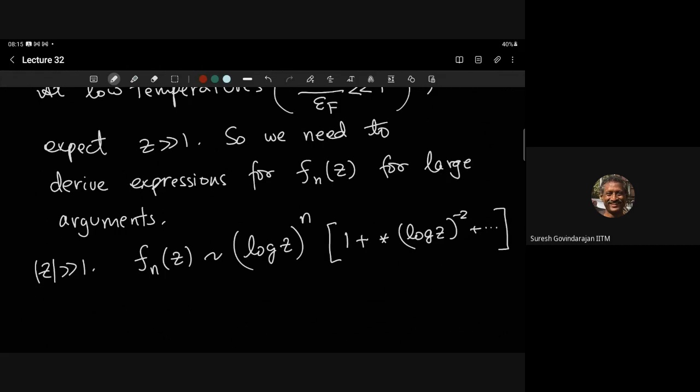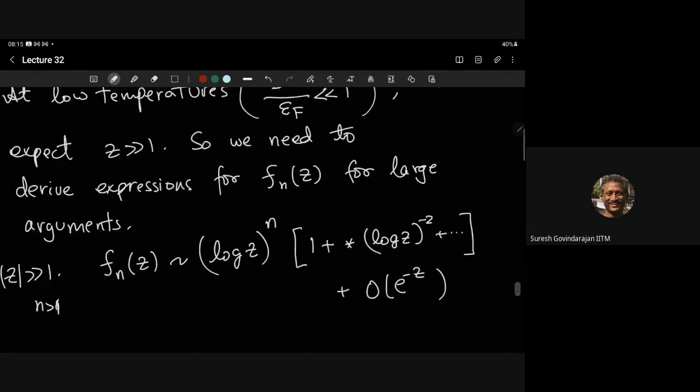So you will only have even powers of 1 by log Z. And it's not just this; there are also exponentially suppressed terms, of order e to the power minus Z. So this is the full structure of any of the F_n, for n greater than 1 maybe.